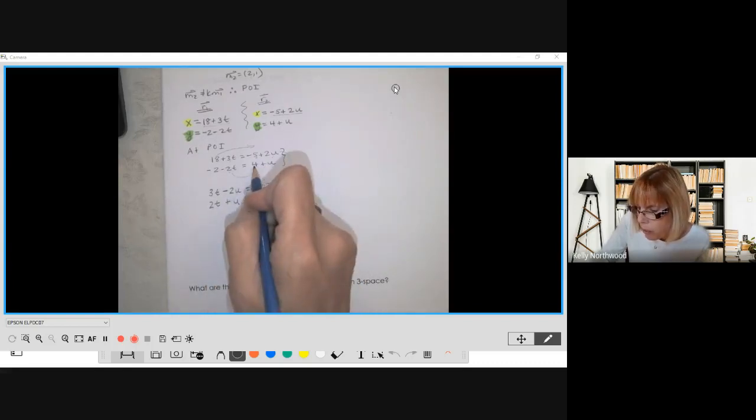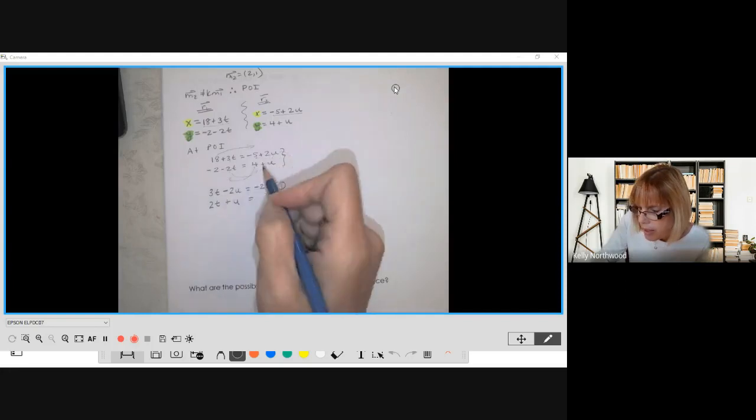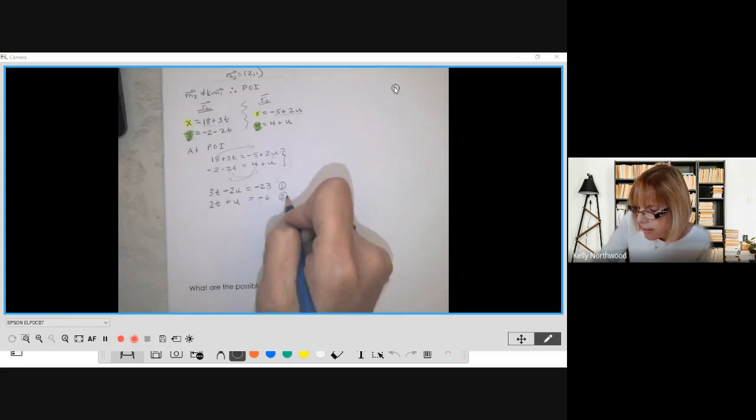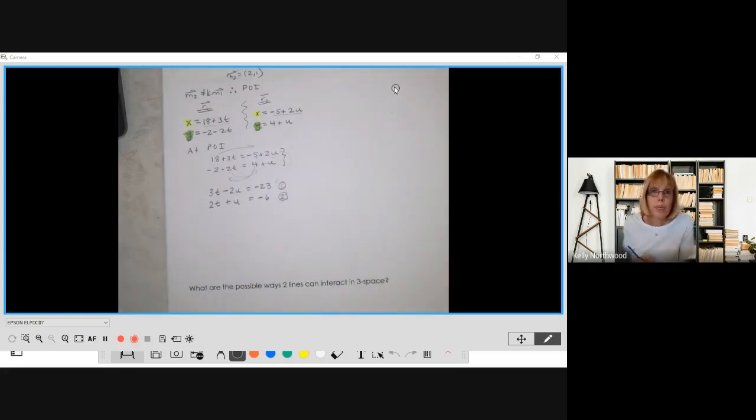And then I'm going to move the 4 over here by subtracting it. -2 minus 4 is -6. So those would be my 2 equations and 2 unknowns. Any questions on how to get either of those 2 equations? Because it's important that you're able to do that.